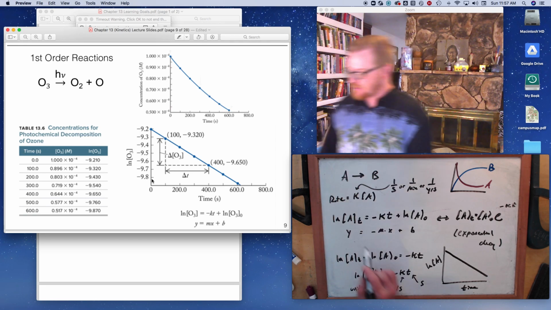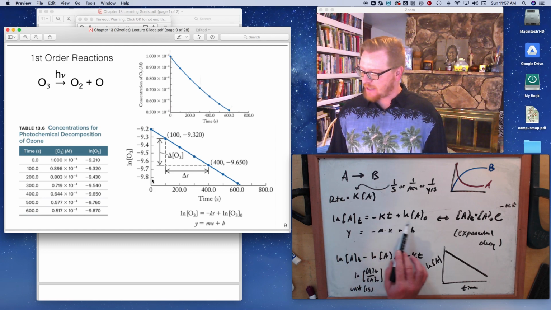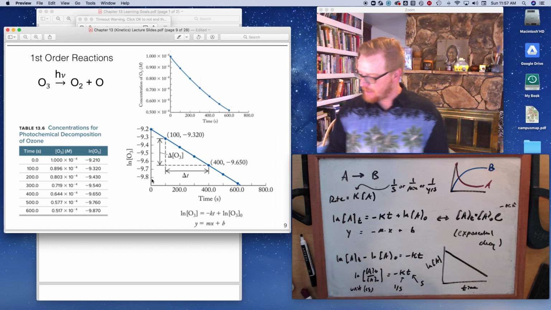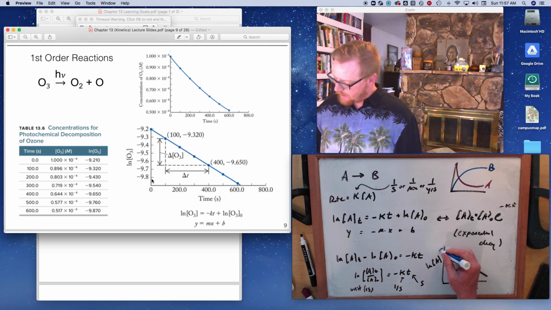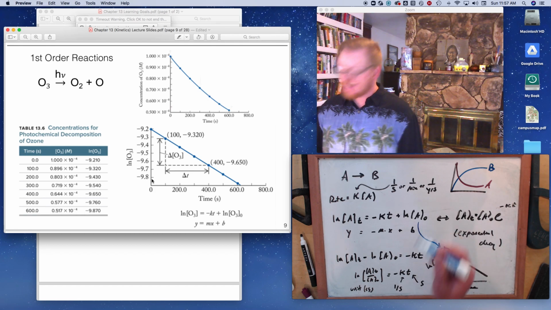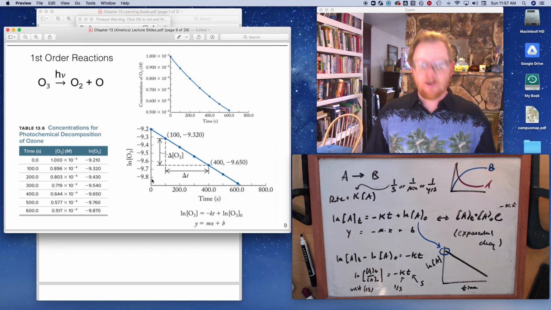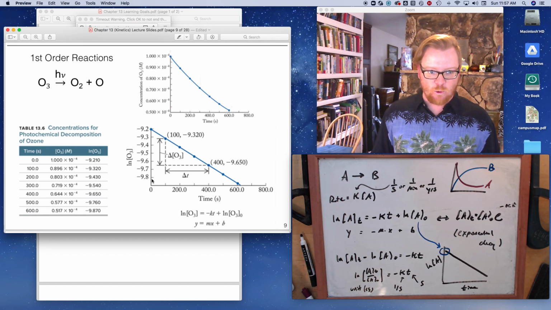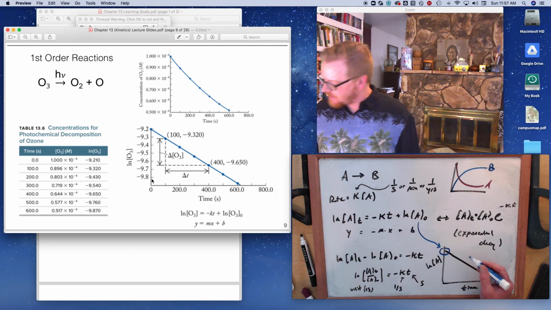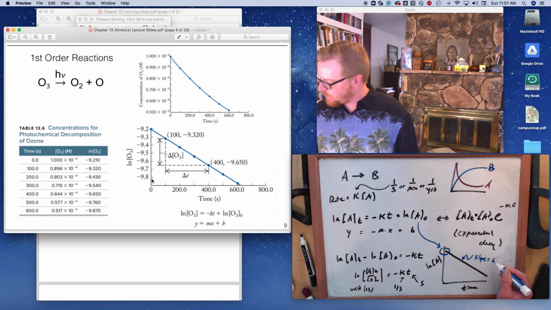And now if you notice this equation here, y equals mx plus b, let's circle some stuff. The intercept is going to be the natural log of the initial concentration, so that's cool. And then the slope of this line equals k.